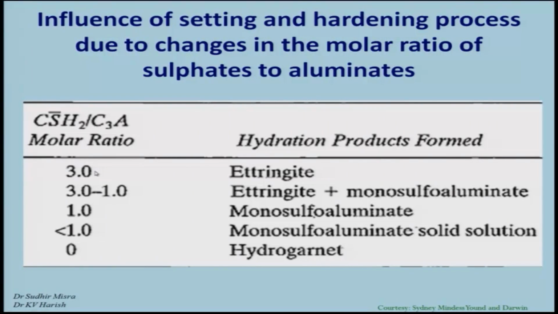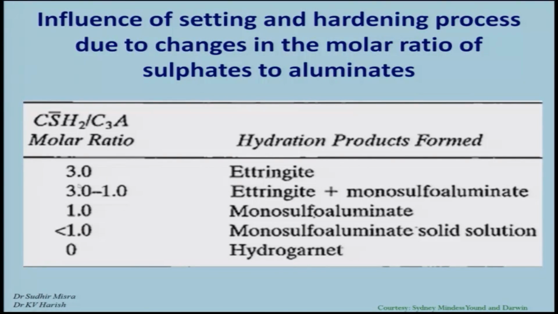Now, if this ratio decreases, which means the sulfates or gypsum are present in lower amount, in that case you typically end up getting some monosulfoaluminates in addition to ettringite, and this happens typically at a molar ratio of 3 to 1.